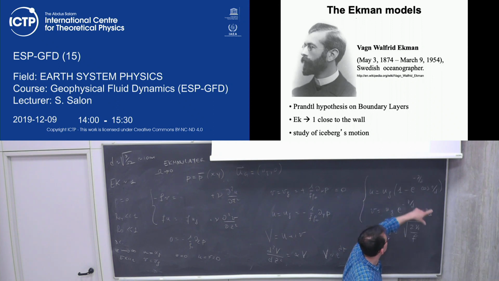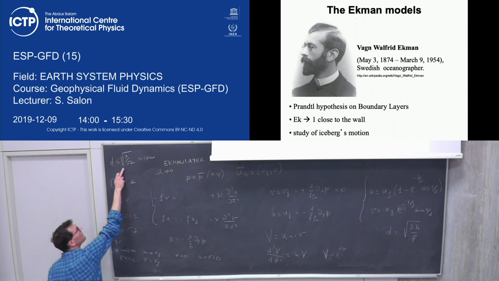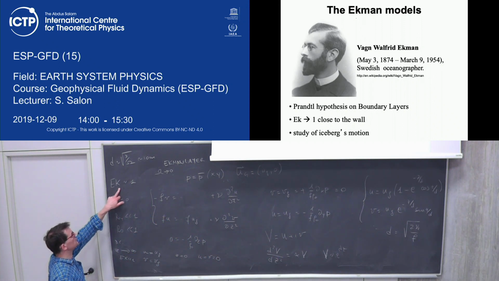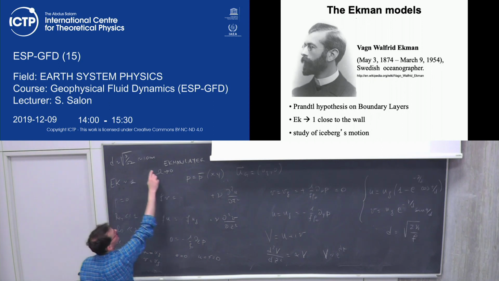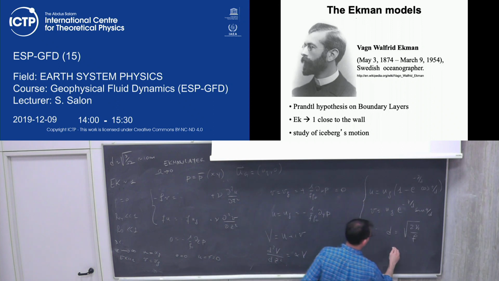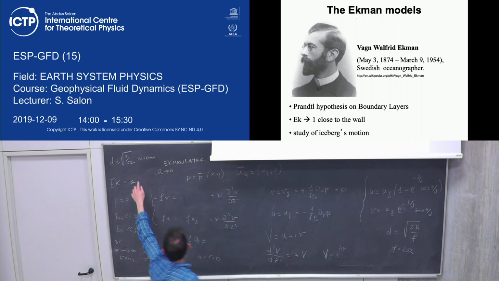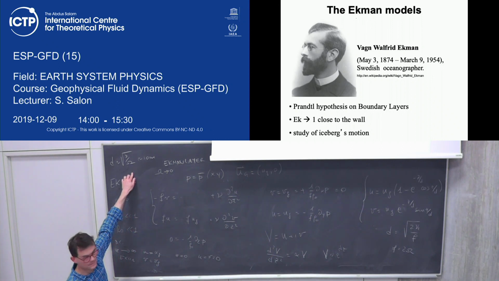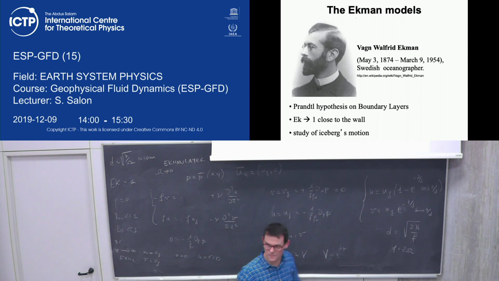Okay? So the constant which rules how deep the Ekman layer is has exactly the same form that we found at the beginning by simply considering Ekman equal to 1. Don't forget that if you put f equal to 2 omega, you find exactly this form here. That is 2, yes.